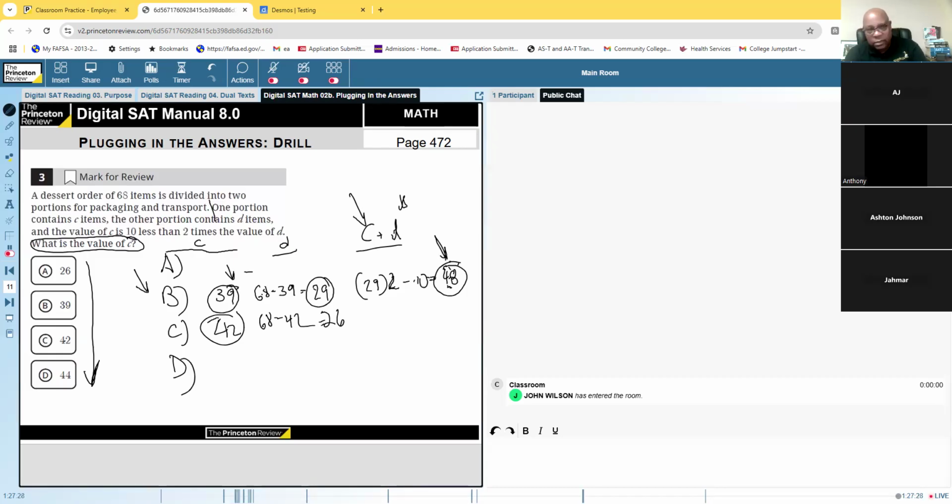And 2 times 26, 10 less than that is 42. Now you got a situation where these numbers are the same, because it says the other portion contains C items, and the value of C is 10 less than 2 times the value of D.